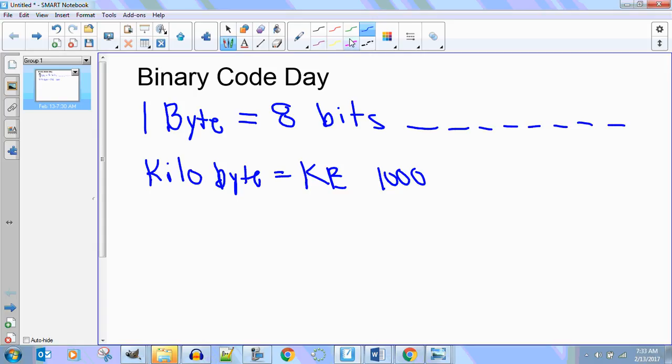It's not really equal to 1,000. It's approximately equal to 1,000. Okay. What is it really equal to? 1024. 1,024 is really a kilobyte.